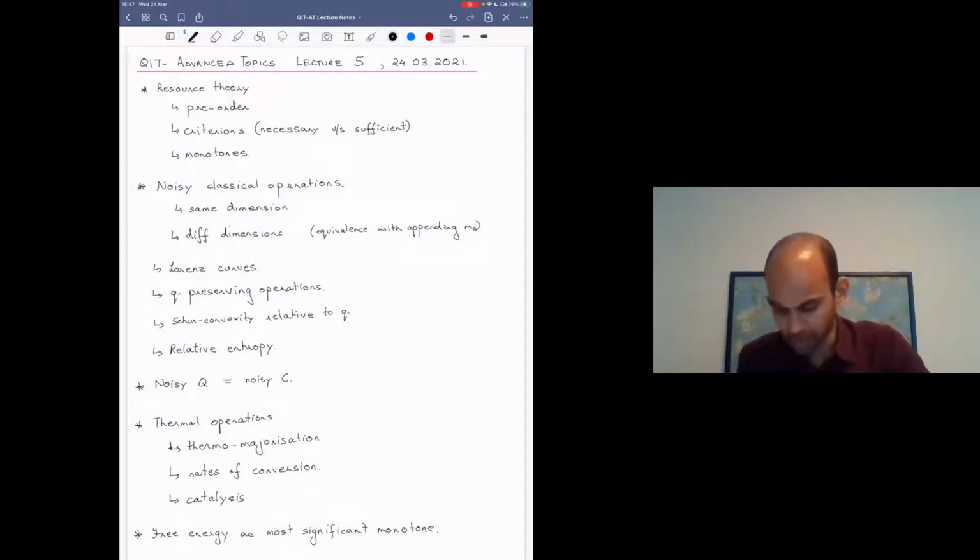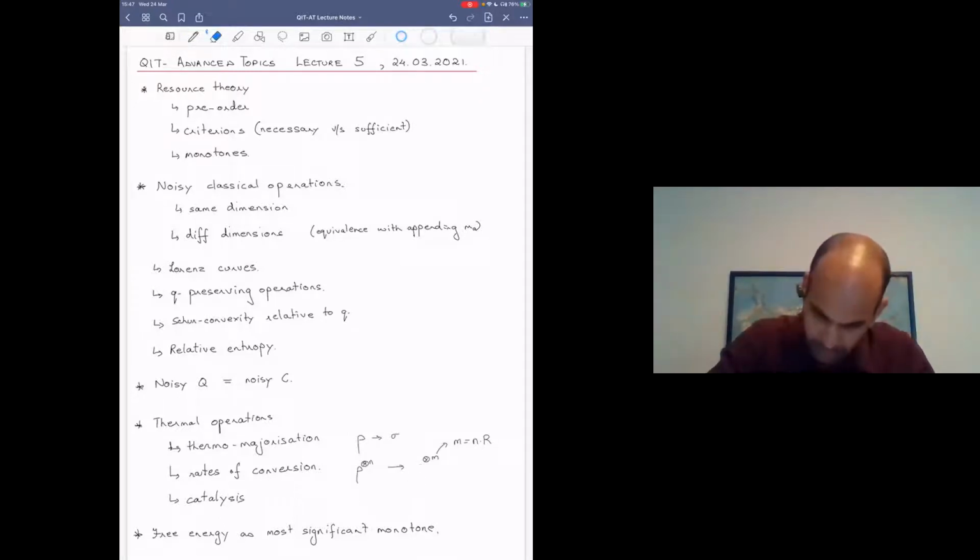In the resource theory of thermal operations, we will consider different variants of it, considering the single shot case of converting rho to sigma, and the rates of conversion case, where you want to convert a certain number of copies of rho to a certain number of copies of sigma, where m is equal to n times r, where r is the rate of conversion. So it's the number of copies of rho you require per copy of sigma that you create. Oh, sorry, I wrote rho on both sides. That should be sigma.